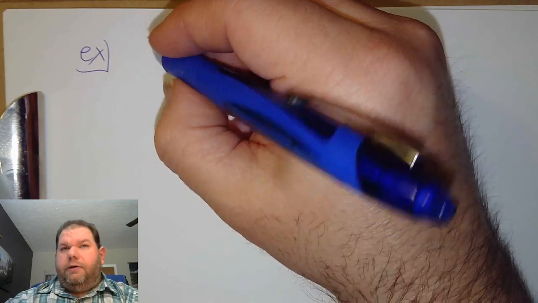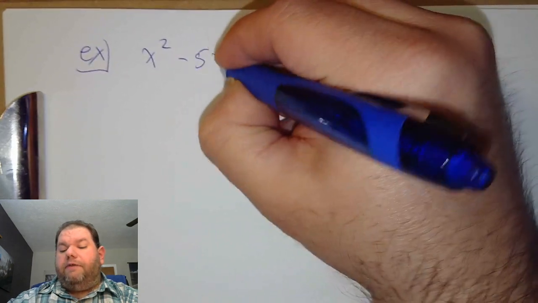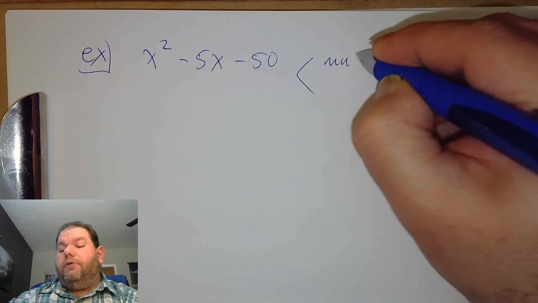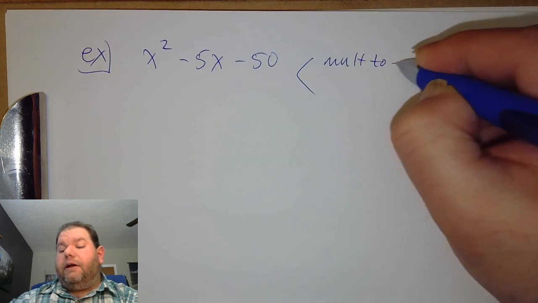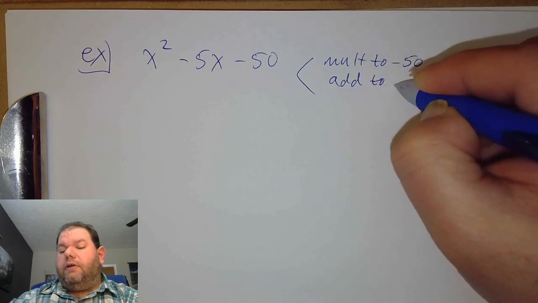Let's say x squared minus 5x minus 50. So we have two numbers that multiply to negative 50 and add to negative 5.